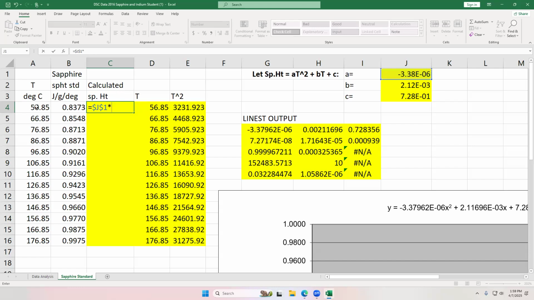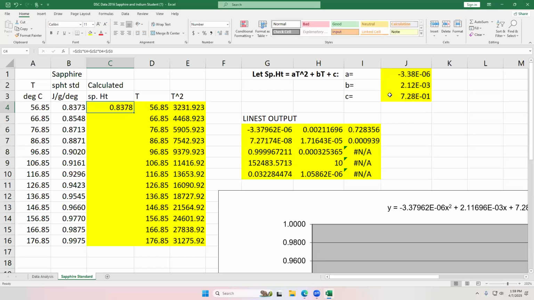I can use this t squared or that t squared. Which one do you want to use? That one. Plus b, again with a dollar sign, since when I copy it I don't want it to change, times t, which is D4, right? Plus c, again put dollar signs on it.